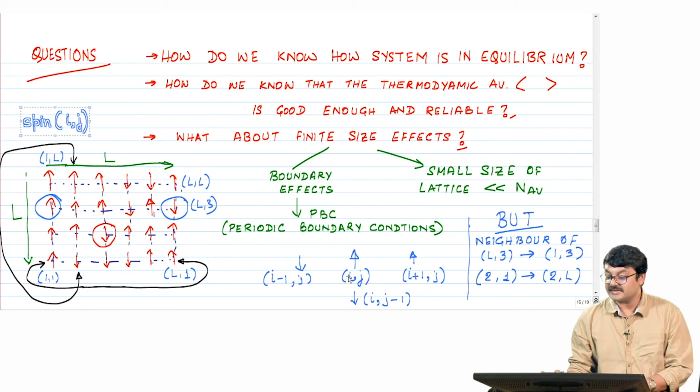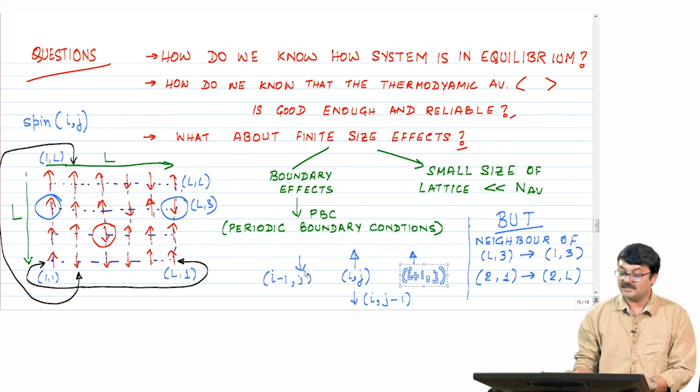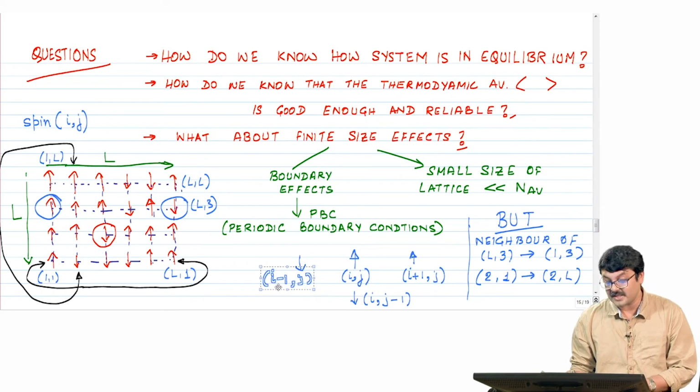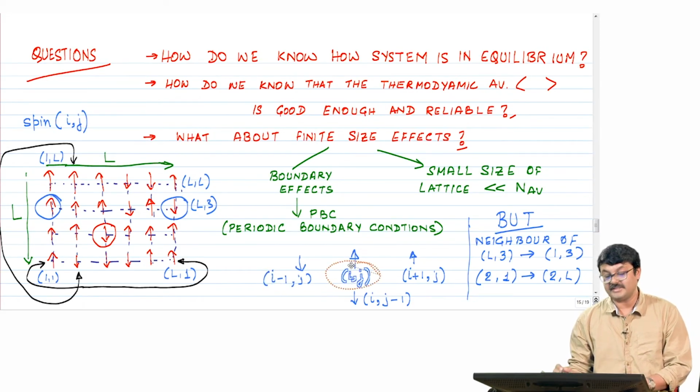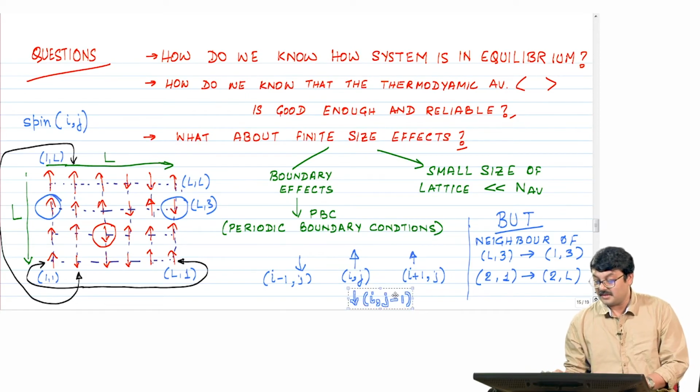Now, one could say that the neighbor on the right can be denoted by the lattice index I plus 1, j. The neighbor on the left can be denoted by I minus 1, j, this being I j, the spin of our interest. Then the spin at the bottom, right. So, it is like one layer can be denoted by I.